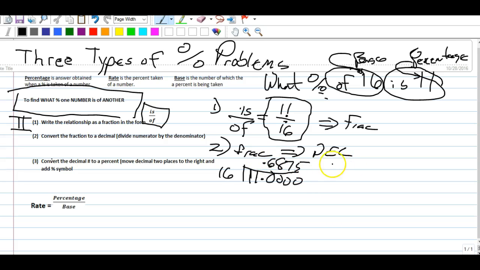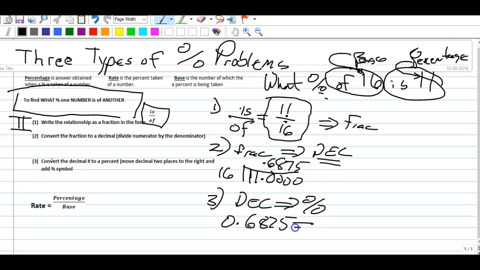But now I have a decimal number, and I'm looking for a percent or a rate. So the next thing I need to do, step 3, is to convert that decimal number to a percent. So my decimal number is 0.6875, and to convert that to a percent, I move the decimal 2 places to the right. So that would be equivalent to 68.75%.